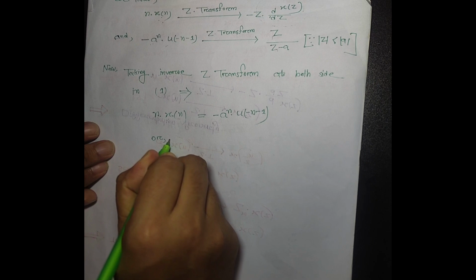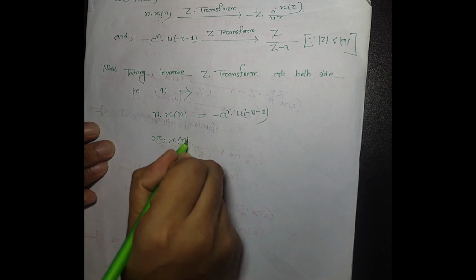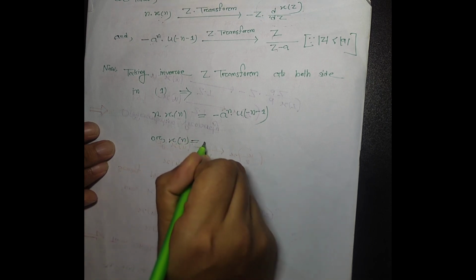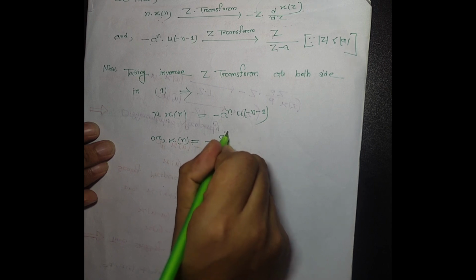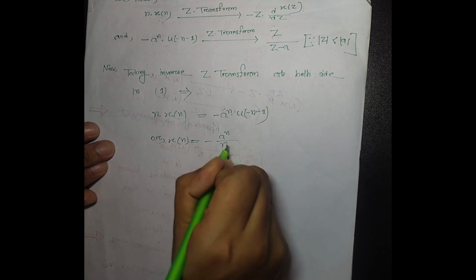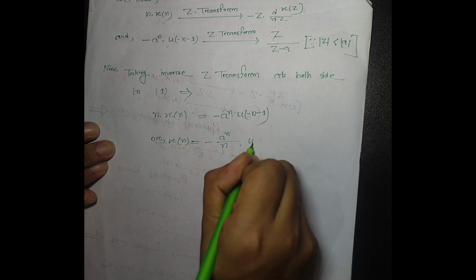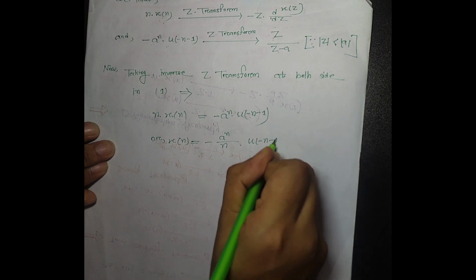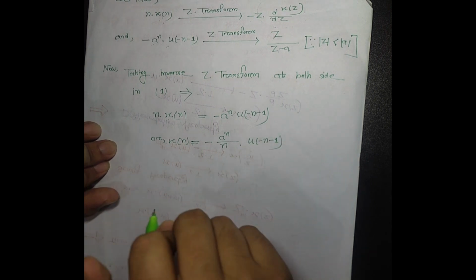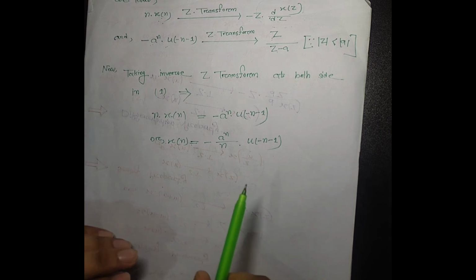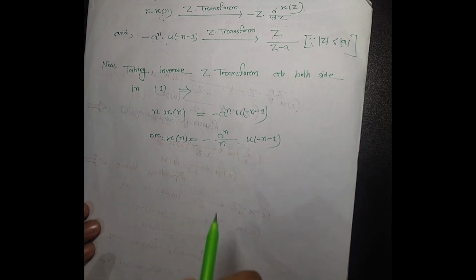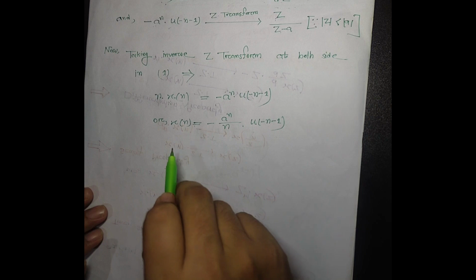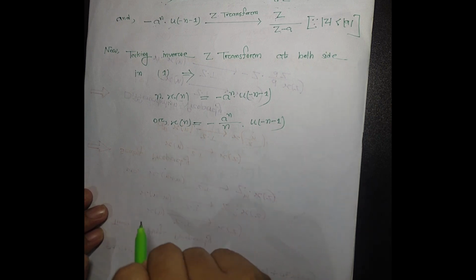Or x of n equal to minus a to the power n divided by n into u of minus n minus 1. Here is the solution of the inverse Z transform.